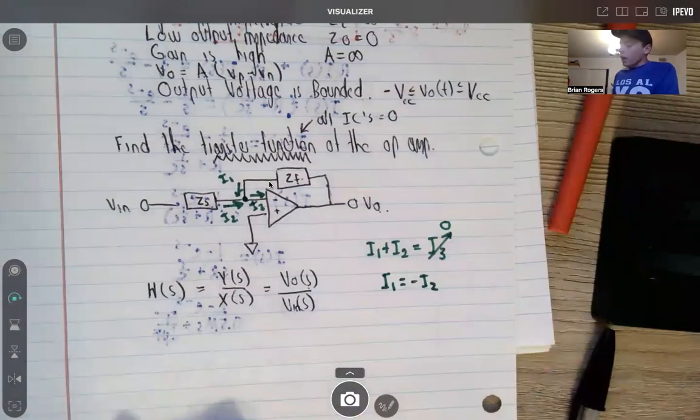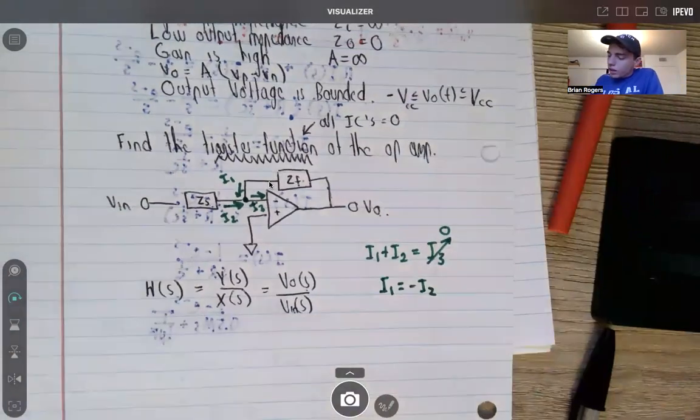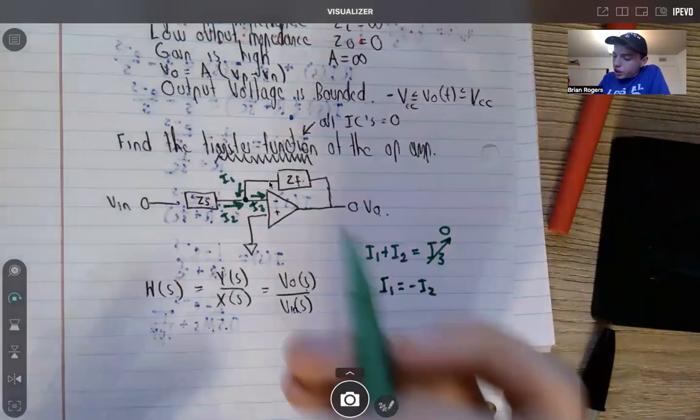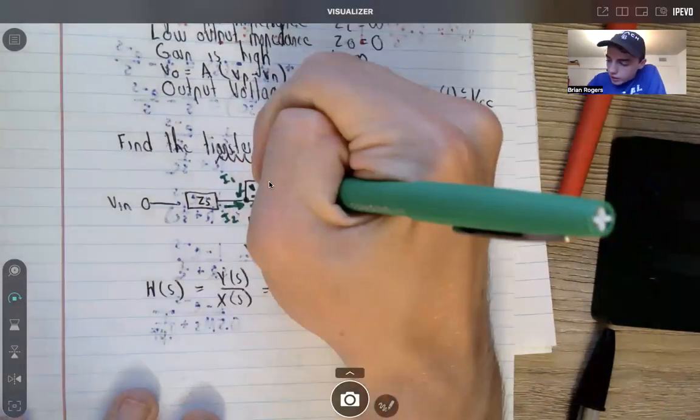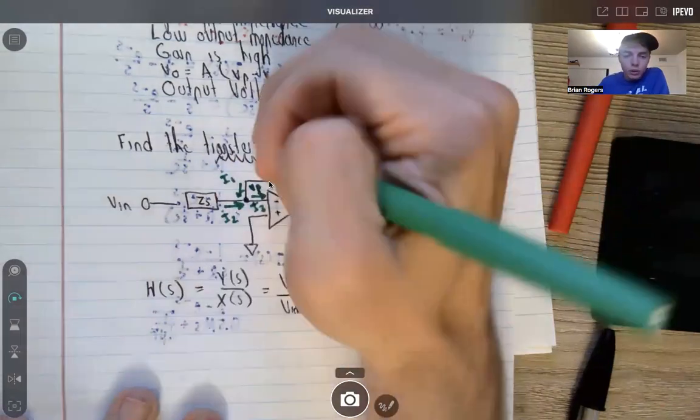And so that basically tells us that our I1, if we make an equation here, that node I'm going to label V of N because it's at the negative terminal, right?